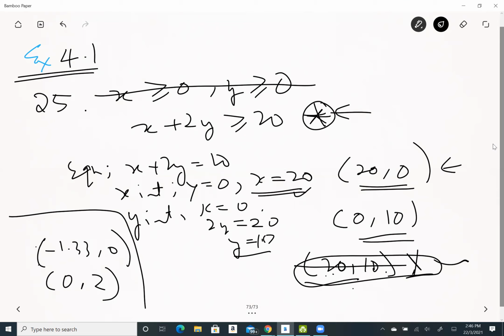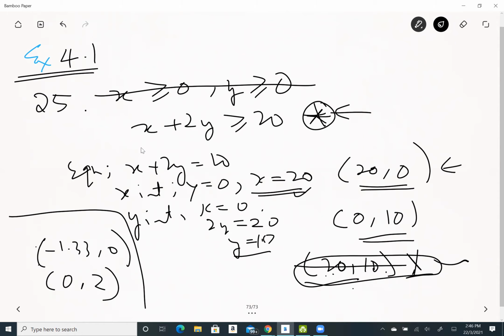Okay, if you use 10, it's too small because you have here negative 1.33. But you can use 2 or you can use 3. I think the most reasonable one would be 5, so your graph will not be very big. And if you use 10, it will be too small.